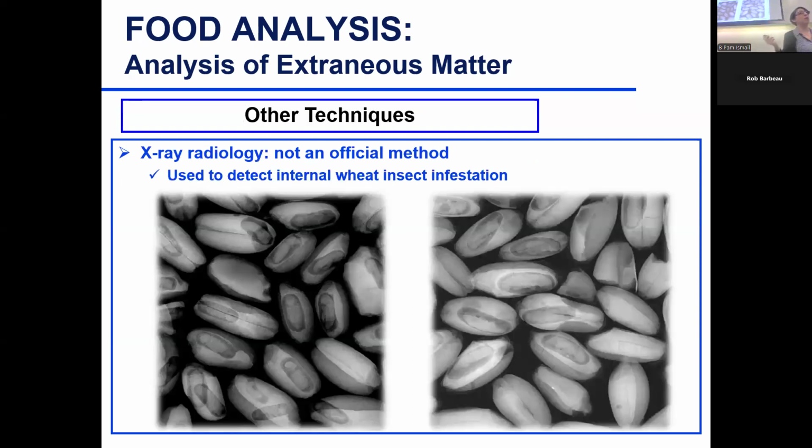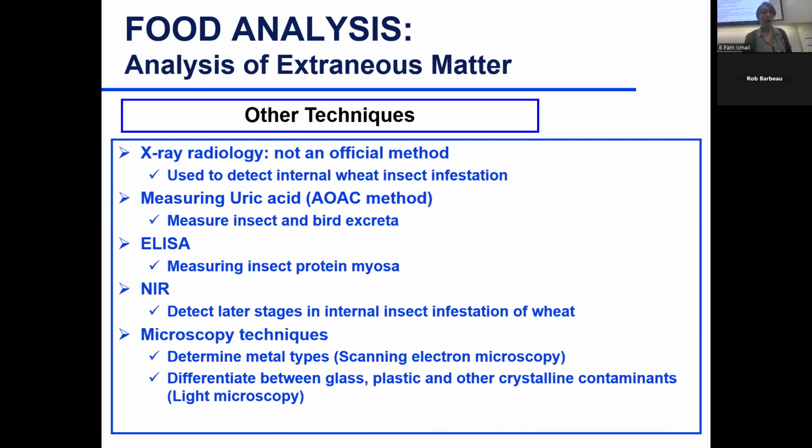Here are the beautiful larvae, and you do X-ray to see them. And how many of those are allowed per 100 grams? 32. Yeah. So I'm almost done. So you do X-ray radiology to detect that.